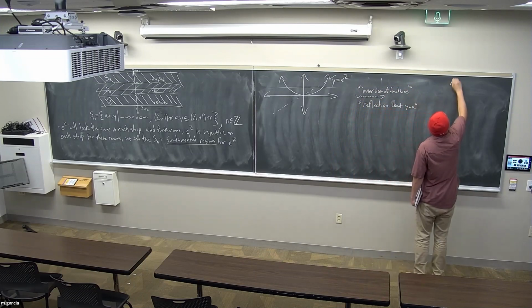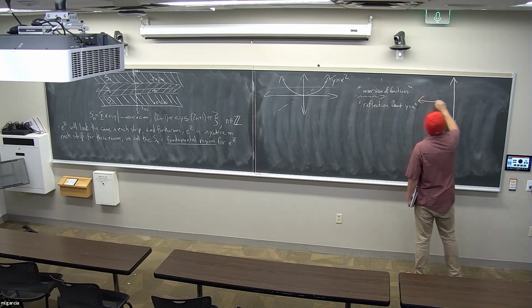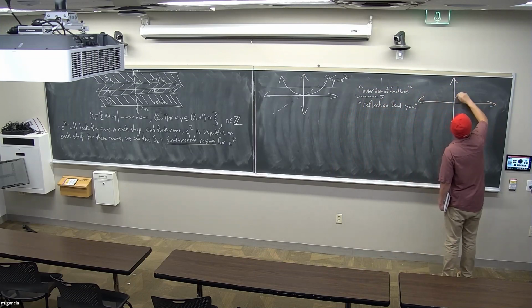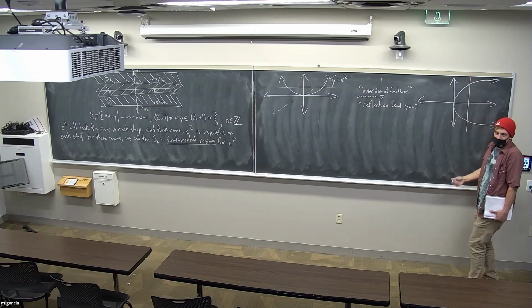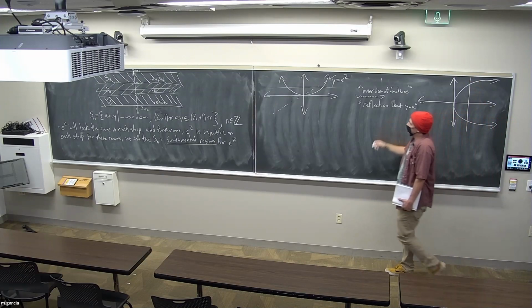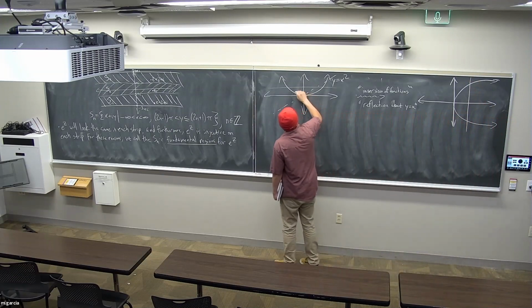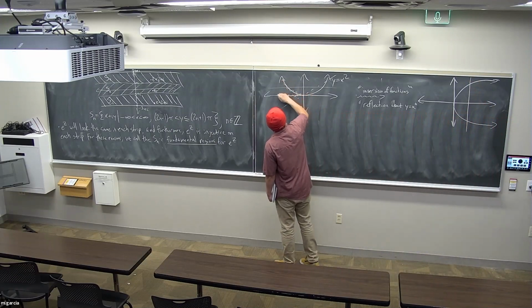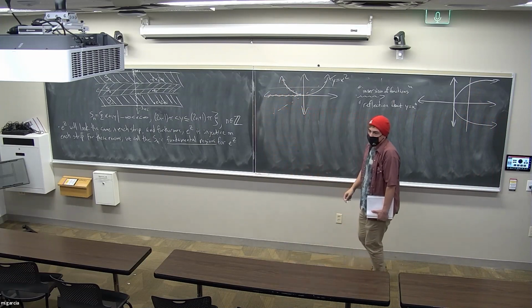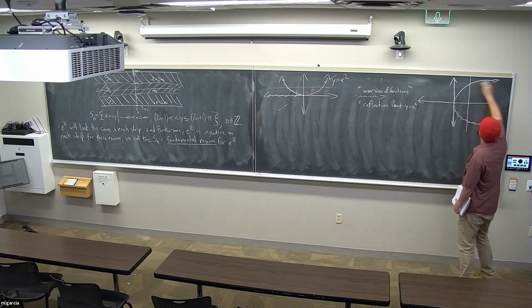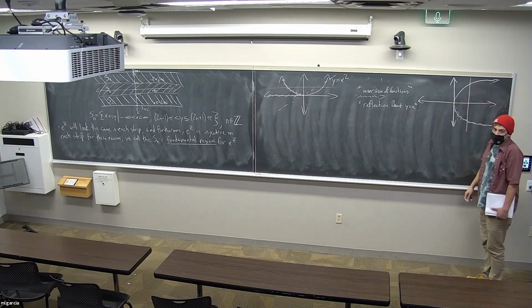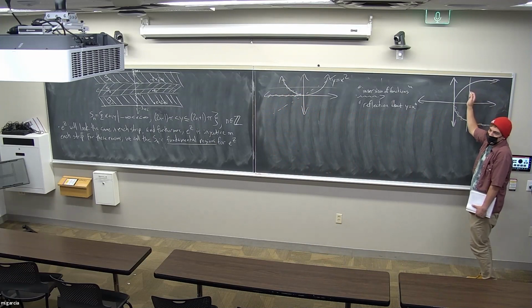Well, what do we get? Without restricting the domain, we get this, which is not a function. It fails the vertical line test, right? So we correct this by excluding this part of our domain, the negative x-axis, which would then give us just the top half of this parabola on its side, which does pass the vertical line test, right?